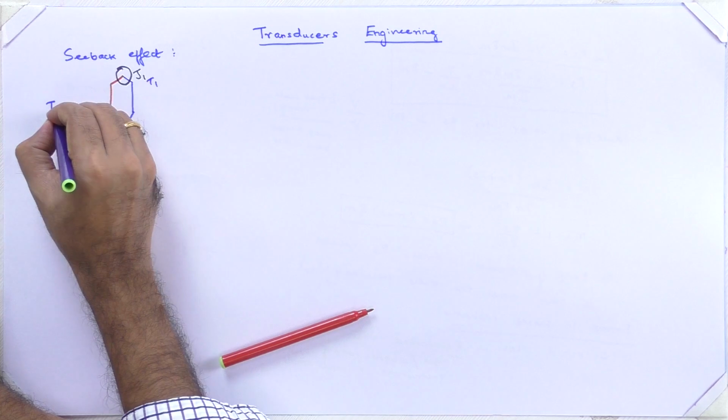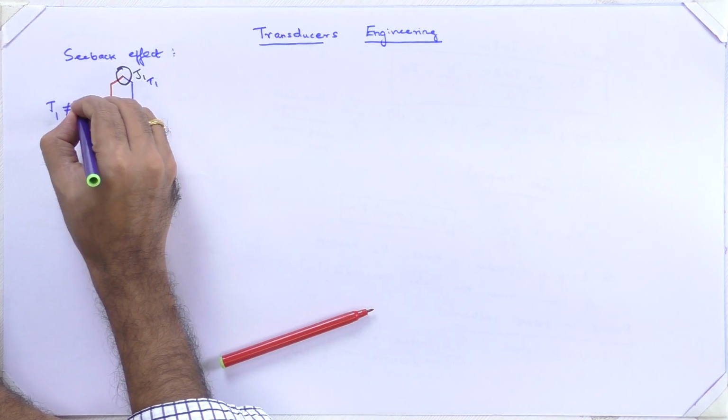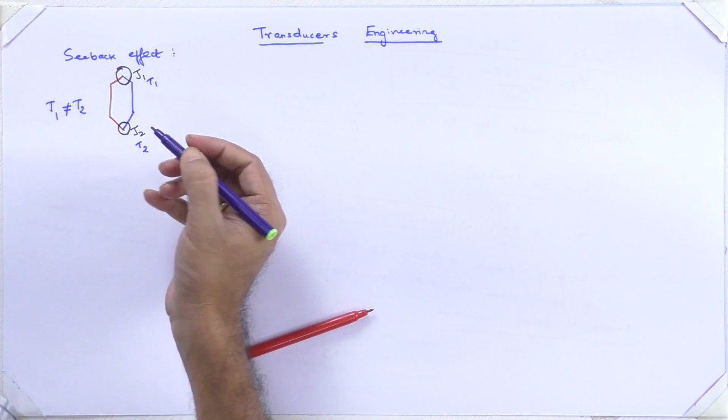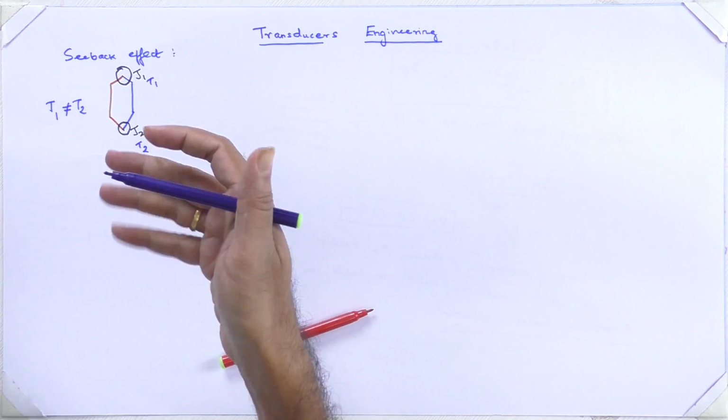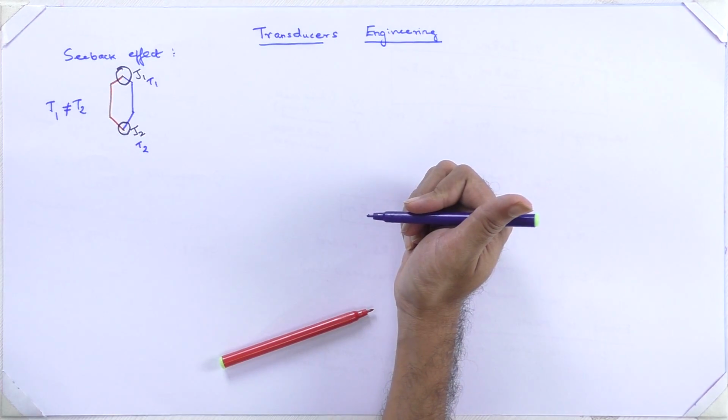This T1 is not equal to T2, and hence T1 and T2 are in a temperature gradient.